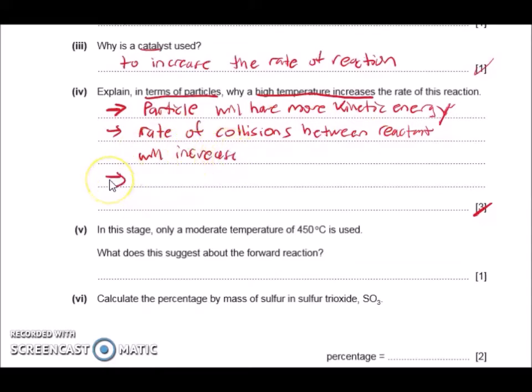Okay, then lastly, when the rate of collision between the reactants increases, there is a high probability that the particles have energy greater than activation energy.